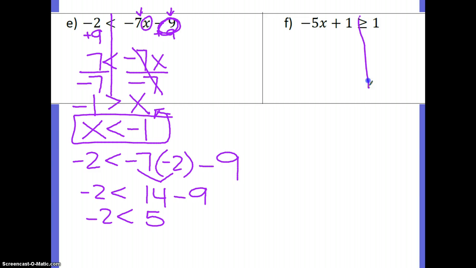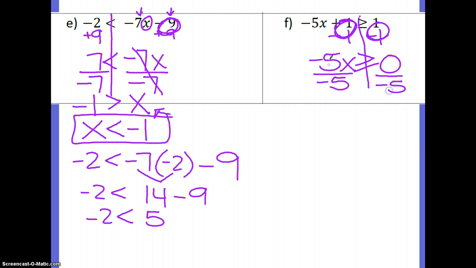All right. Okay, I'm going to minus 1. Minus 1. There's 0. Negative 5x. Bring it down. I did not divide or multiply by a negative. I just subtracted. Well, 1 minus 1 is 0, so I got to put a 0 here. And I'm dividing by a negative 5. I'm dividing by a negative.